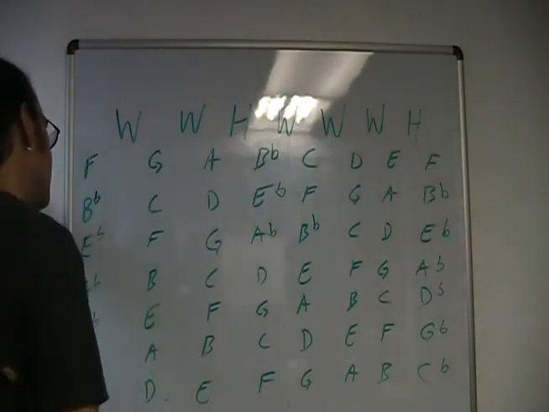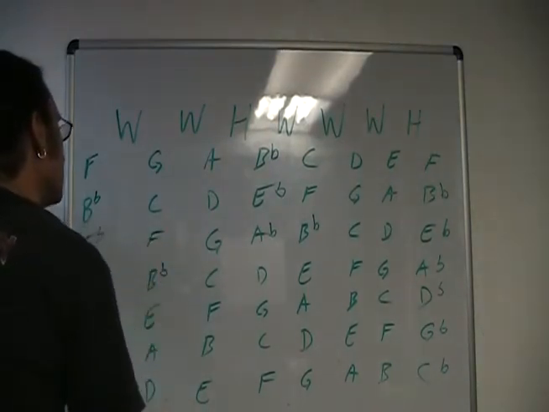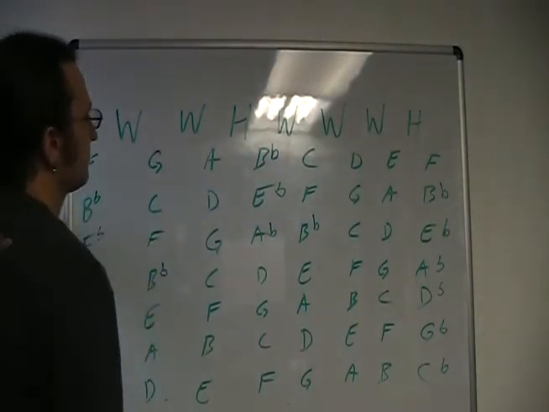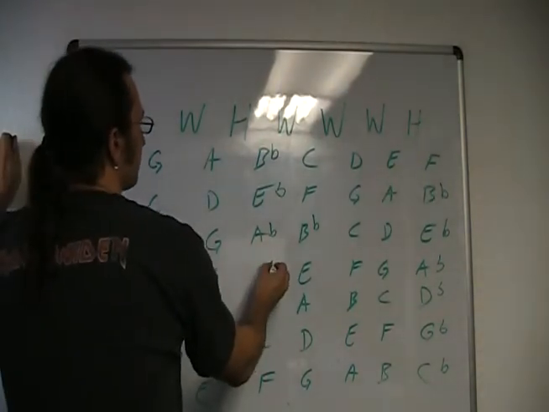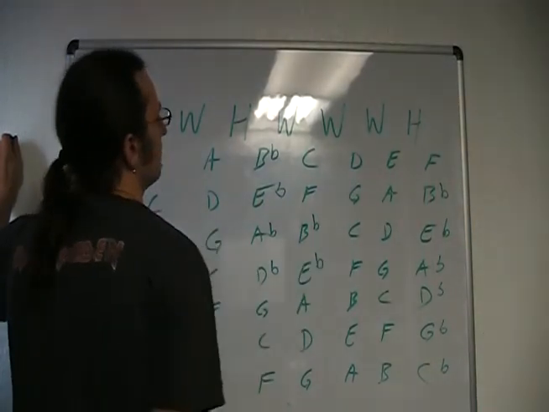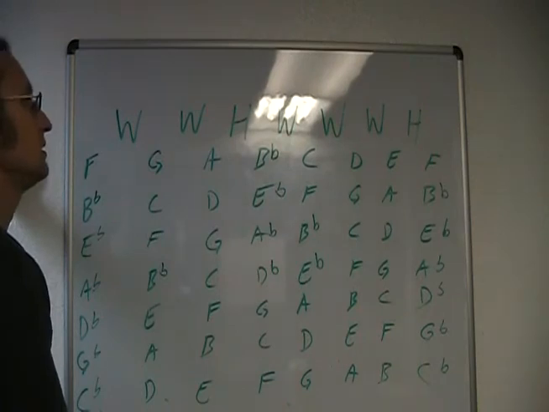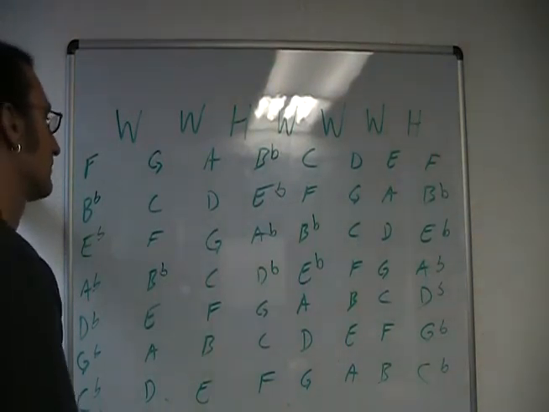Now A flat. Whole step up is B flat, whole step up is C, half step to D flat, whole step to E flat, whole step to F, whole step to G, half step to A flat.